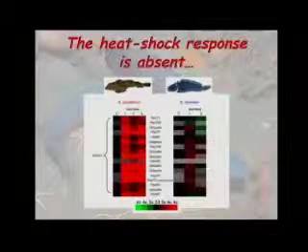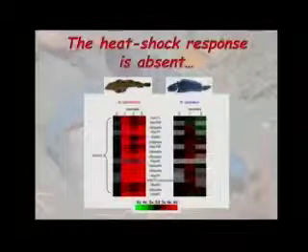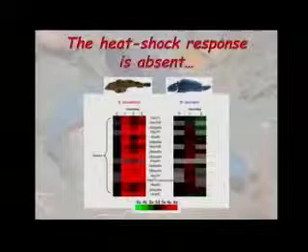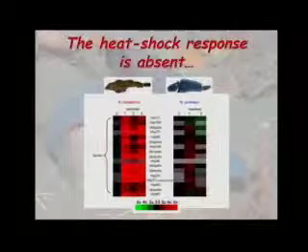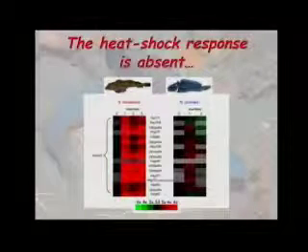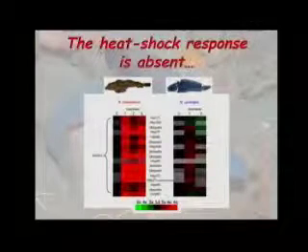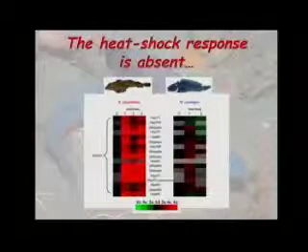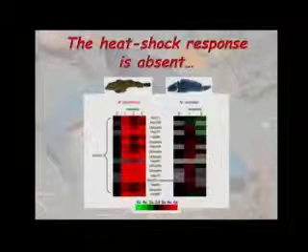We can see in the case of the Tristan clipfish that there are a lot of red rectangles, which represent very high induction of the genes for the heat shock proteins. The fish on the right, the bullhead notothen, doesn't show much in the way of induction at all. Basically, the squares are mostly gray or black, which is indicative of no change in expression at all. So there is not a protective heat shock response.